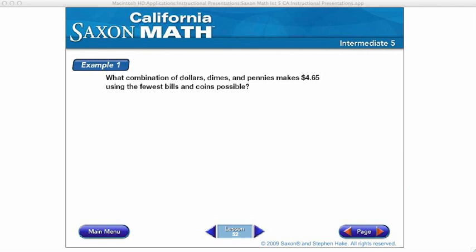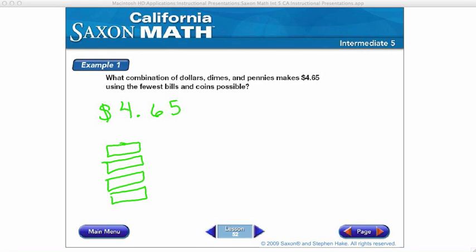If I look at example 1, what combinations of dollars, dimes, and pennies make $4.65? I'm going to draw a picture for this. So this is going to be 4 ones, and then we can think of the tenths place and the hundredths place as the dimes and the pennies place. 6/10, 1/10 of a dollar is a dime.